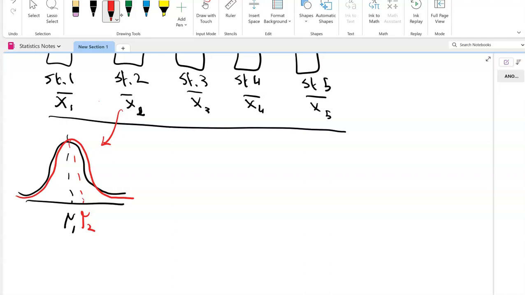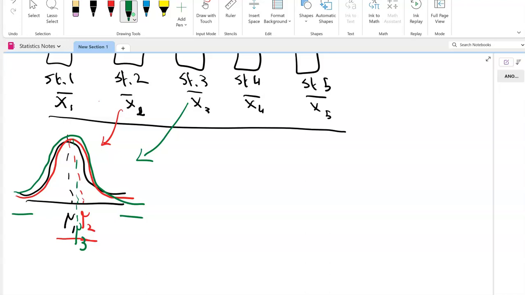Now, this is not only for these two variables or these two samples, it also includes the third one. If the third one is also very close to the other two, then we are good. And it does for all of them. So if this is true, then we cannot reject the null because the distributions are all basically almost overlapping each other.